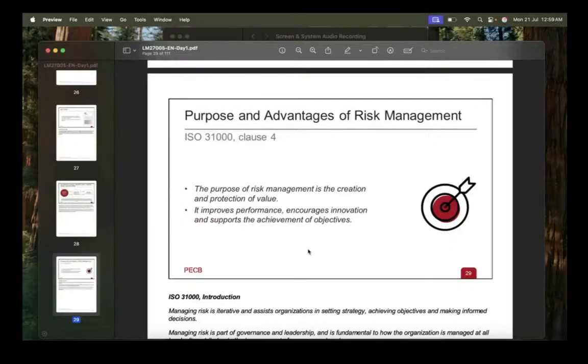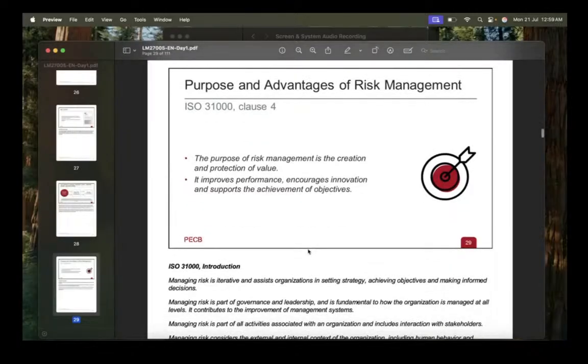So, what is the purpose of risk management? It helps in the creation and protection of value. And the advantage of risk management is that it improves performance, encourages innovation, and supports the achievement of objectives.